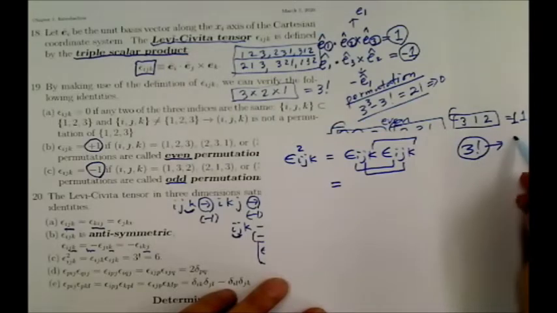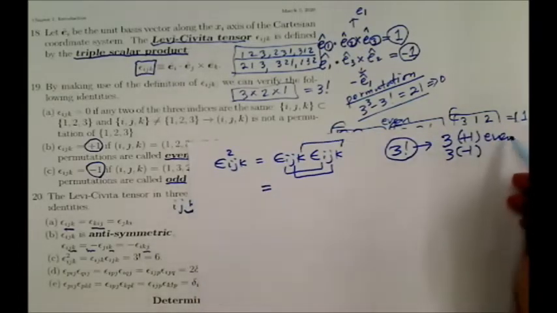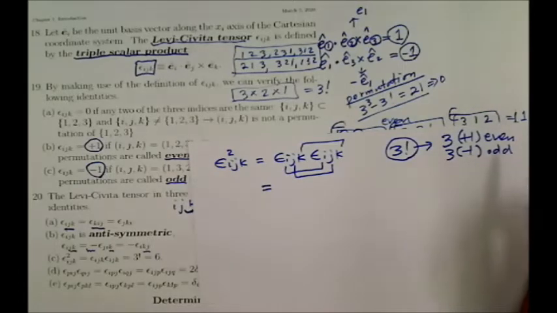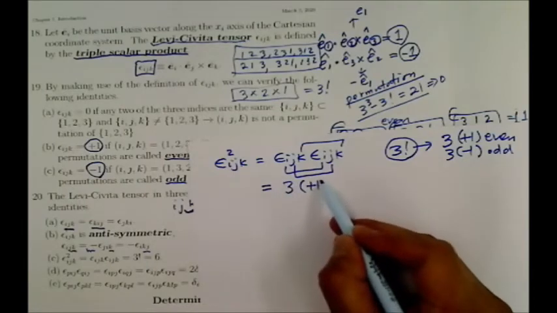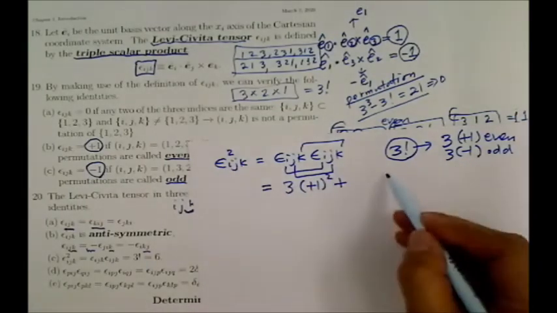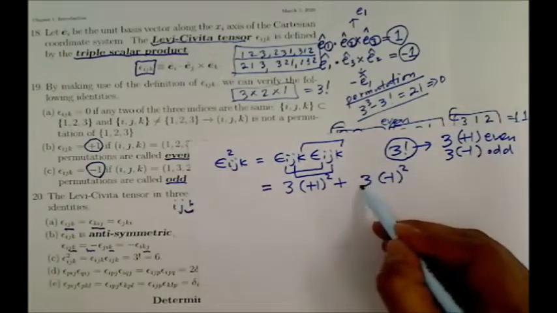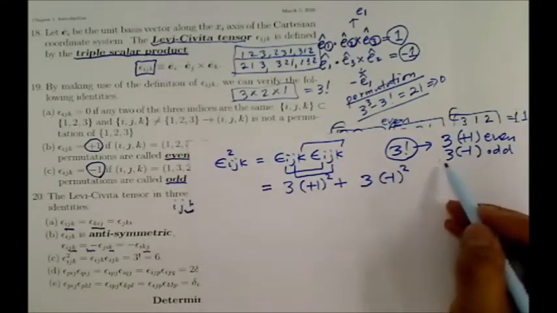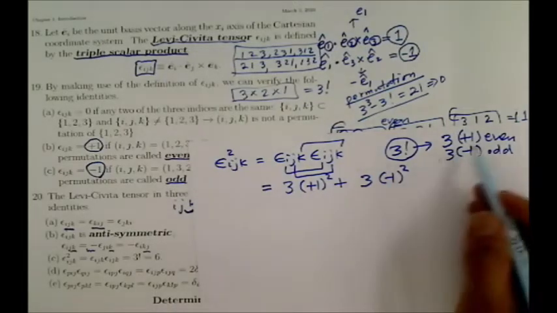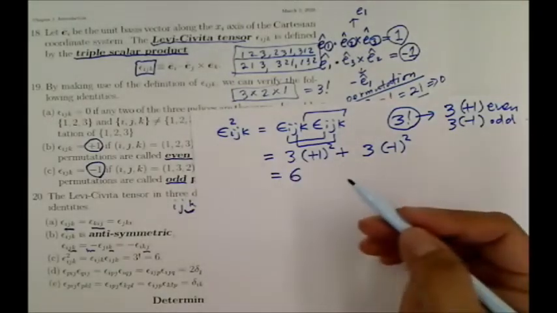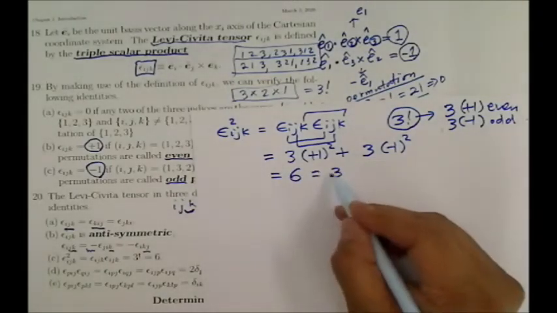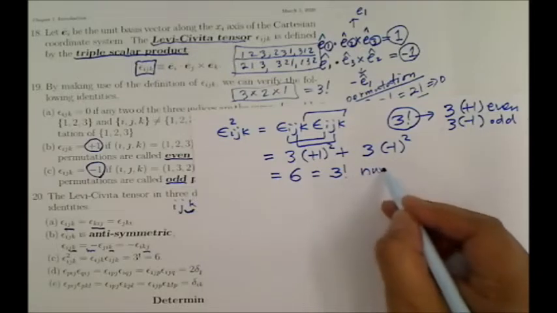Among the 3 factorial, we have 3 elements of plus 1 and 3 elements of minus 1. They are even and they are odd. Because they are squared, I have 3 elements of plus 1 squared, and minus 1 squared multiplied by 3, because there are 3 permutations for odd and 3 for even. Therefore, the answer is 6. This 6 is just 3 factorial, the number of permutations.